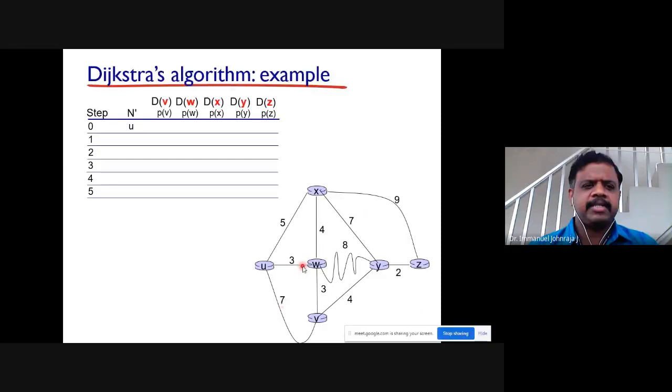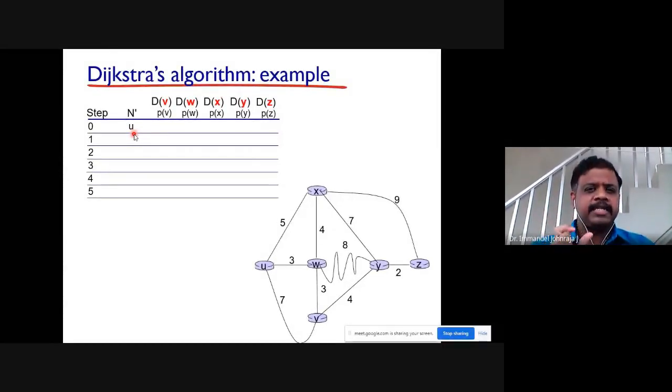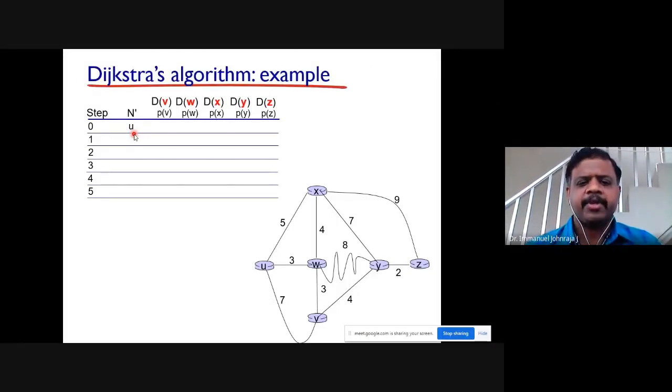So what is the initial step? You have got N dash. We have added u. And for every other node than u, that is v, w, x, y, z, we are going to find out the distance and the predecessor. Shall we do that? So from u, who are all directly connected? x, w, v.